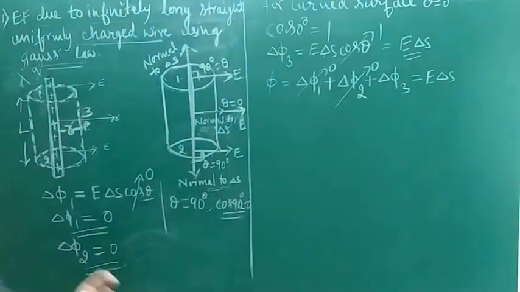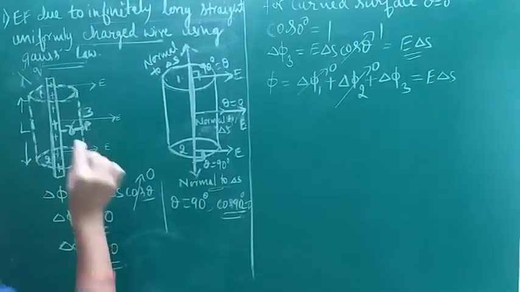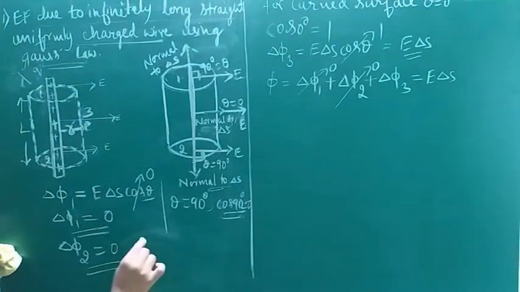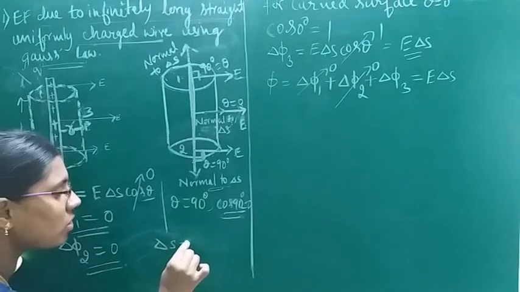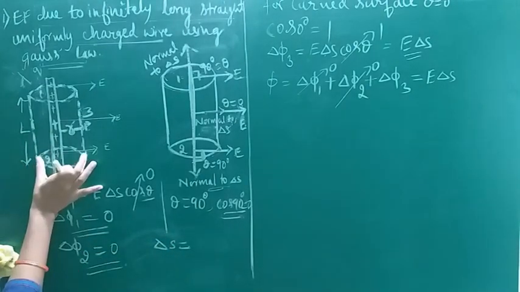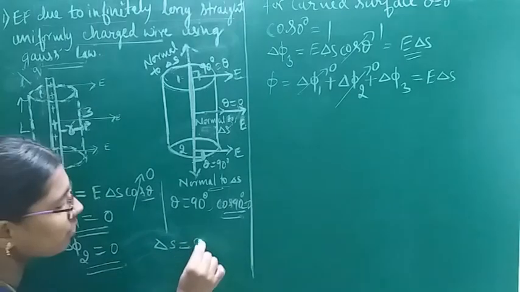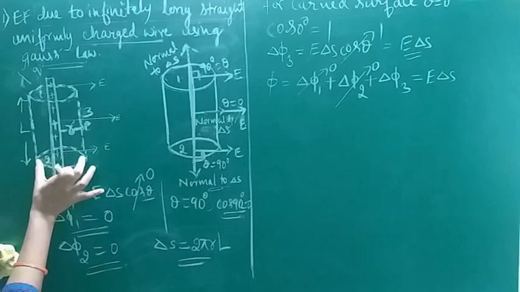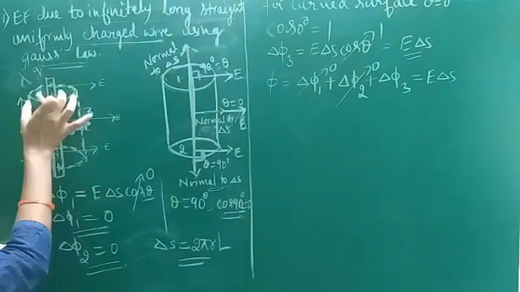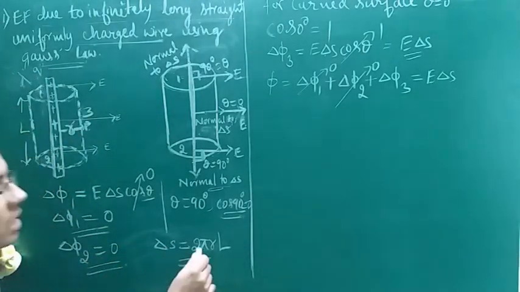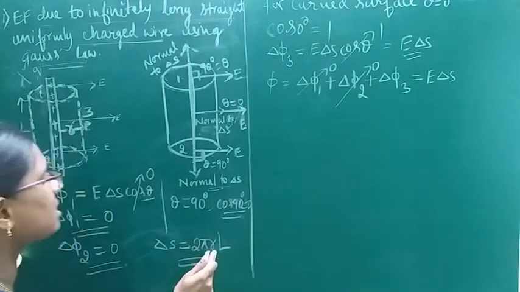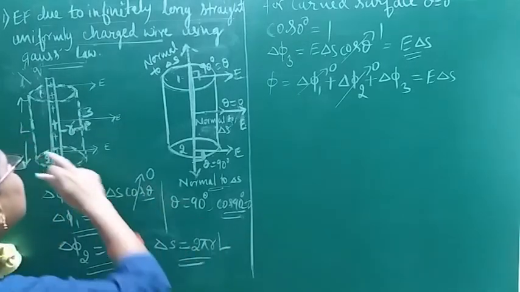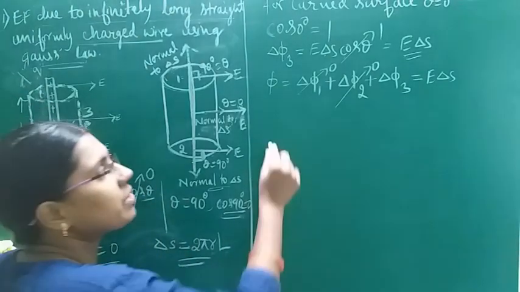Consider the cylindrical Gaussian surface is of length L. So, the area of this cylindrical Gaussian surface will be equal to 2 pi r into L. We write the area as 2 pi r, the circumference, into the length of the cylinder, that is 2 pi r into L, where r is the radius of the cylindrical Gaussian surface and L is its length.